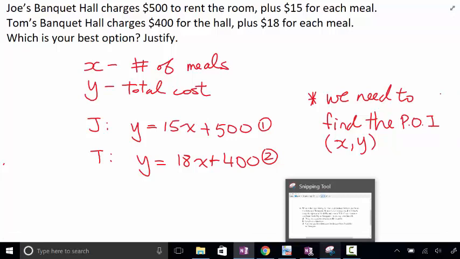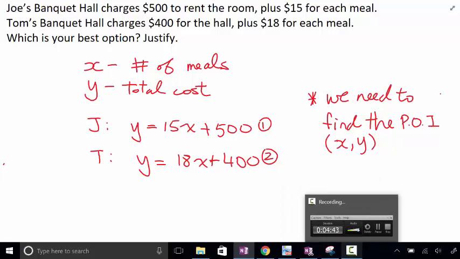So for the point of intersection, the X value of both are going to be what? The same. The Y value for both will be the same. Do you understand? Because remember that it's going to be one single point, there's going to be one single point that fits these two equations, that satisfies these two equations.